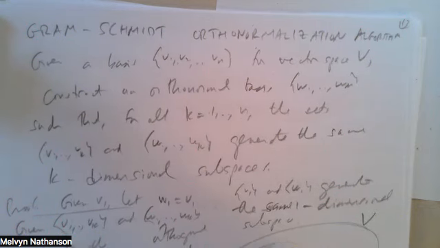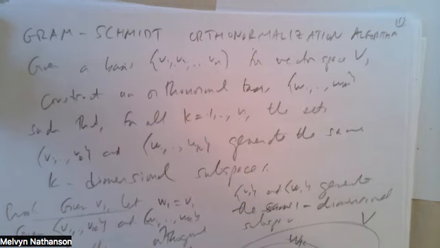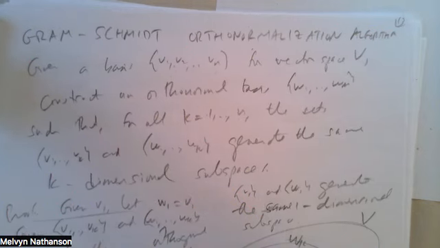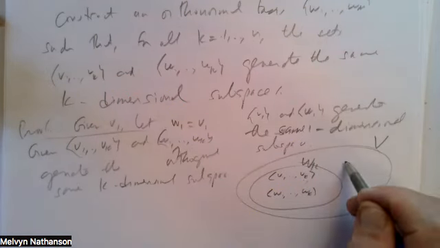Here's V. Let's say Wk is the k-dimensional subspace generated by V1 up to Vk or by W1 up to Wk. That is, these were the k vectors that we started with. And we constructed k new vectors that are orthogonal and generate the same k-dimensional subspace. And Vk plus 1 is not in this subspace because it's linearly independent of these k vectors.